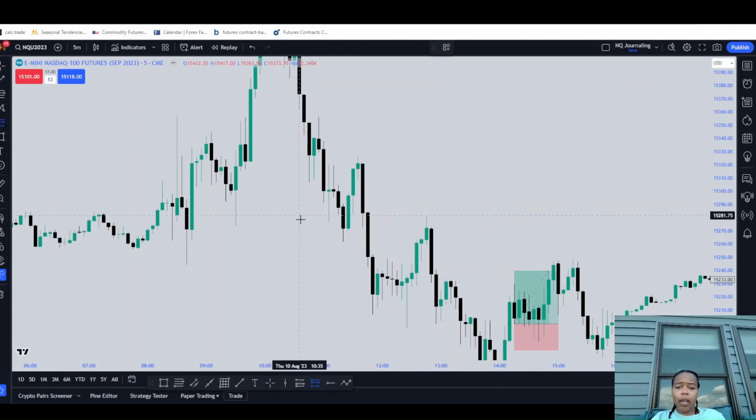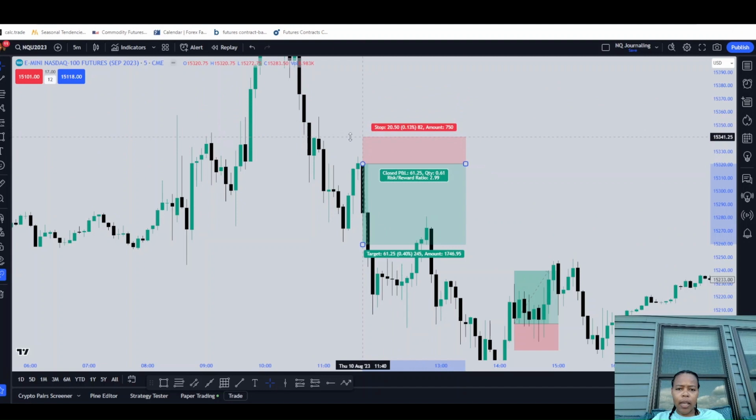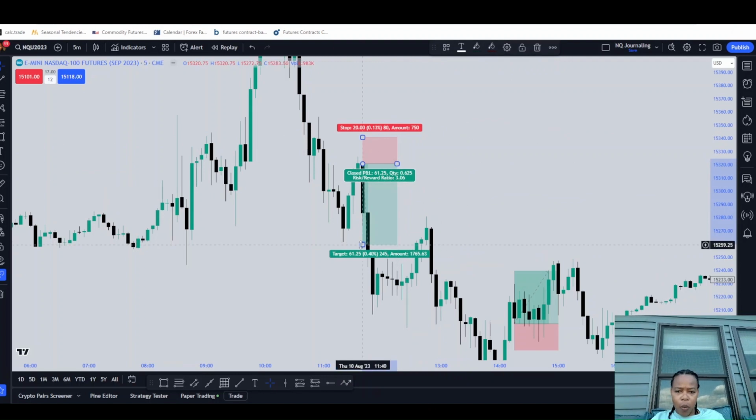So let's do a short. If we were doing a scenario right here, 80 tick stop right there for the short, and then 160. Now recognize that 160 is not a lot of movement for the NASDAQ, right? It's on that one candle.